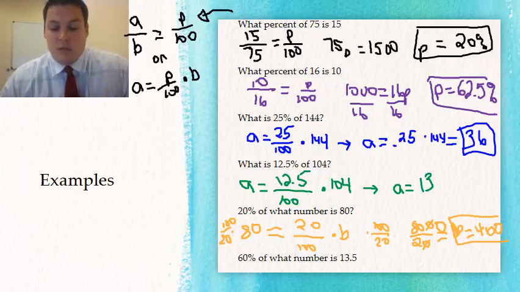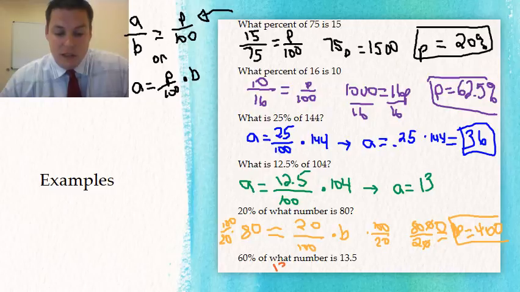Let's look at this last one. Okay, again, we have 60% of what number is 13.5. That tells us that 13.5 is the part because we're looking for a percent of a number. So 13.5 equals 60 over 100 times B. Again, I'm going to multiply both sides by 100 over 60.